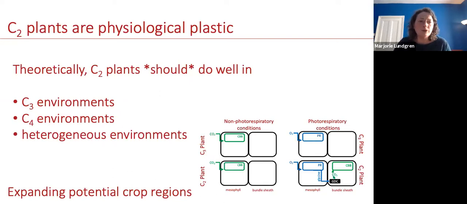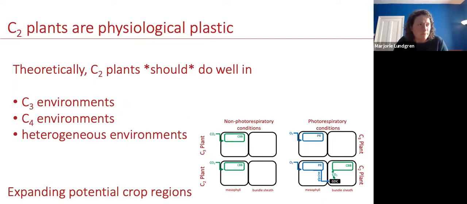And what we'd be doing there is potentially really expanding our crop regions. There could be areas that are not being used for crops that can now become used. And among other things, and I haven't mentioned this before, C2 plants are also notorious for growing on marginal lands. For some reason they do well in really poor environments, like poor soils and stuff.